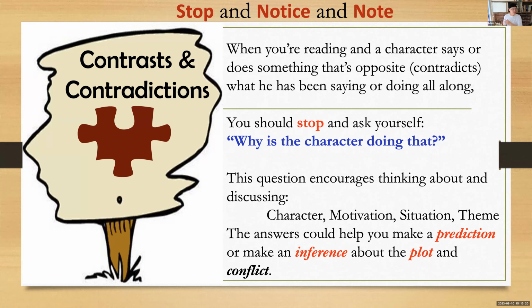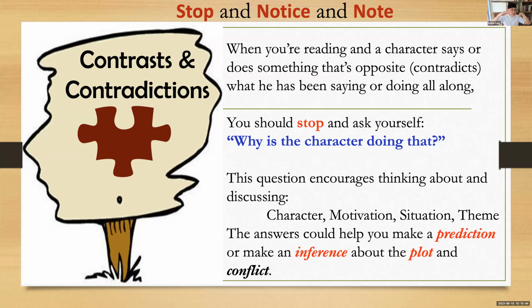For example, you might think the character is a good character, but at that moment when he suddenly bursts into laughter in the midst of tragedy, you might question your assumption. Is this character really good? Is he really, in his heart, a good character? That kind of questioning is exactly the signpost that the author has put in the story to make you think deeper, right?